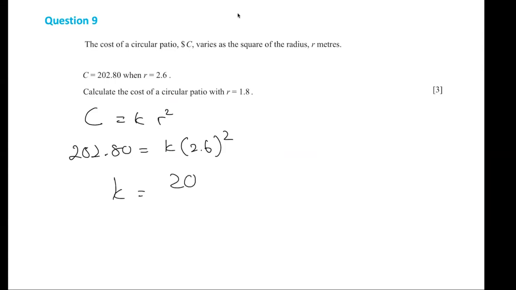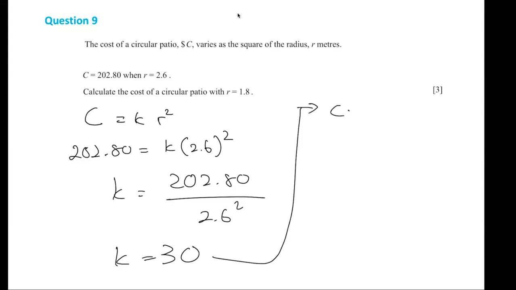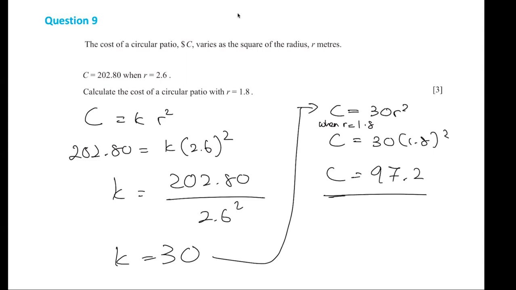K is equal to 202.80 divided by 2.6 squared. 202.8 divided by 2.6, 30. Rewrite: C is equal to 30 R squared. C is equal to what when R is equal to 1.8. 97.2.